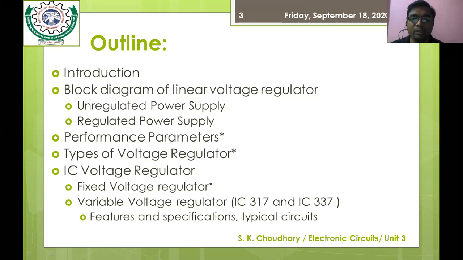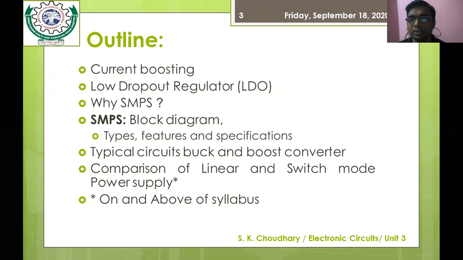Out of that, we have to learn the IC voltage regulator, which has two different types: fixed voltage and variable voltage. As per the syllabus, we mostly cover the variable voltage regulators IC 317 and IC 337, their features, specifications, and typical circuits based on these two regulators.